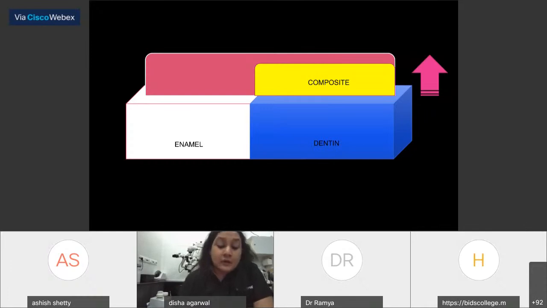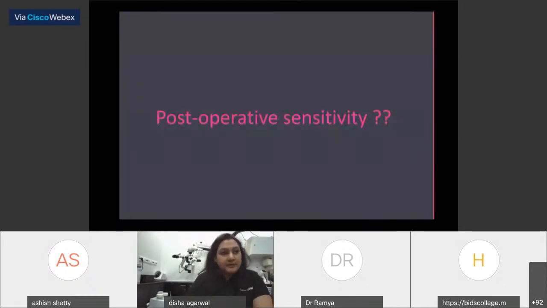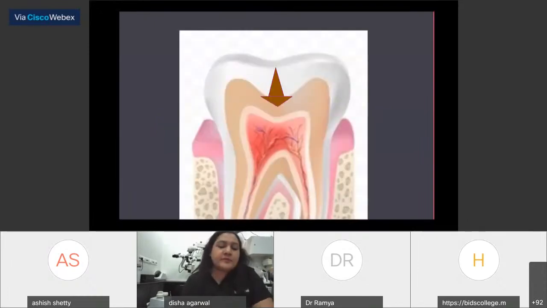Okay, now let's understand the implications if we don't do this. Post-operative sensitivity. What happens? We've been very quick. We got a cavity, we did the tooth preparation, we filled up all the composites. But we did not give time for the dentine bond to mature. We quickly placed in a composite, light cured it, finished, polished, and sent the patient off.